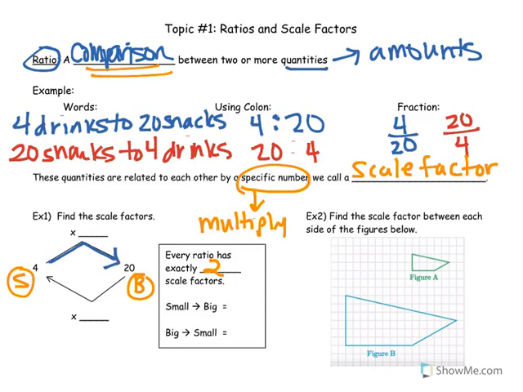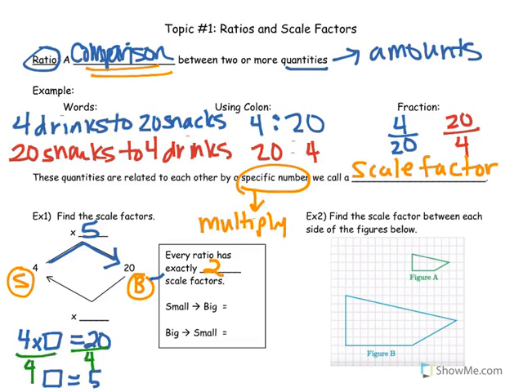I think a lot of us can figure out that that number is going to be 5, but if someone can't figure that out, if I want to find out 4 times what number gets me to 20, I can actually use division. I can say, well, let me just divide by 4 on both sides and get that the number that I wanted was 5. Okay? So use division to help you figure out what the multiplication is.